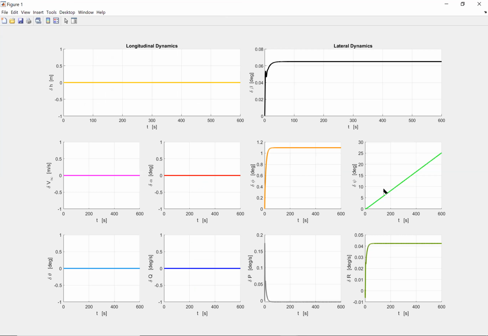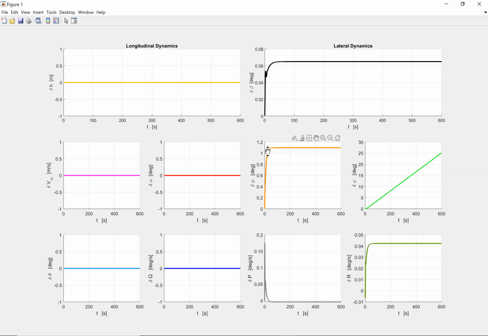Here the aileron is stuck, so we're turning. See, we keep changing linearly the yaw angle, so it means that we're turning to the right. And then we're also kind of going sideways a little bit because the side slip angle is non-zero.